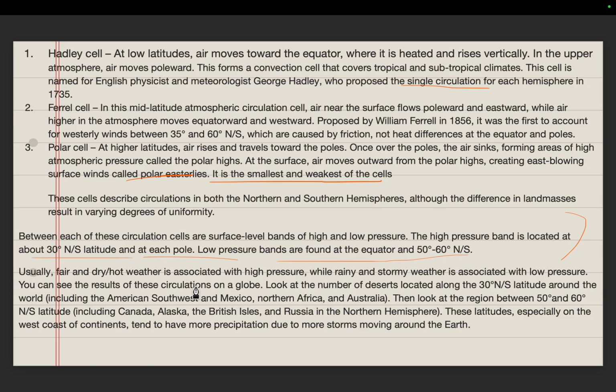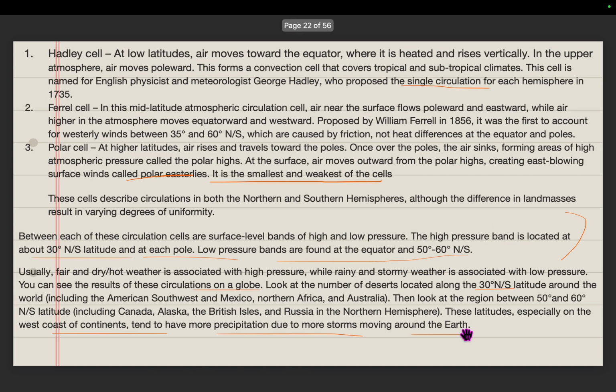You can see the results of this circulation on a globe. Here in the Earth's map, you can see more deserts are located near the 30-degree north and south region. Then between 50 to 60-degree northern and southern latitude, this latitude, especially on the west coast of the continents, tends to have more precipitation due to storms moving around the earth.